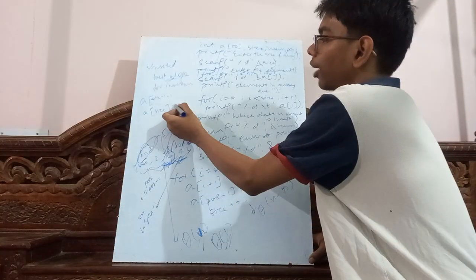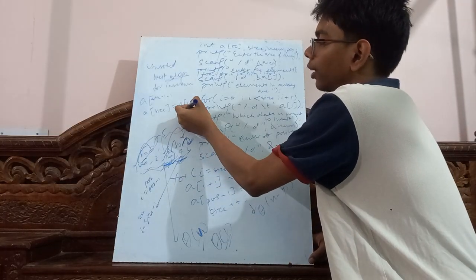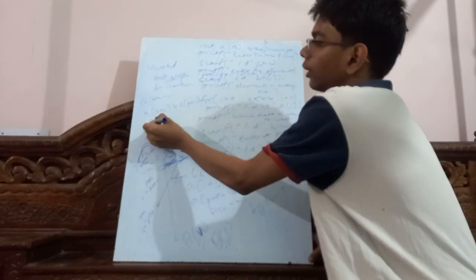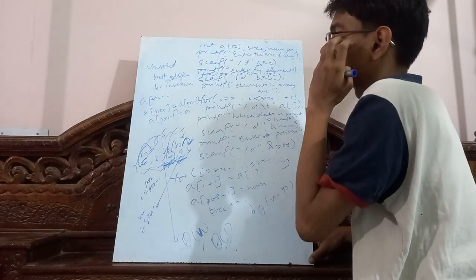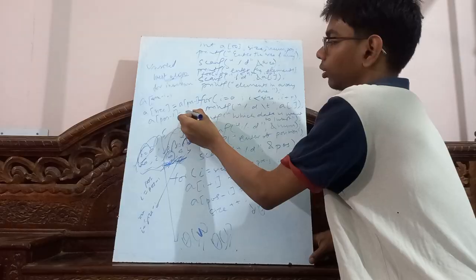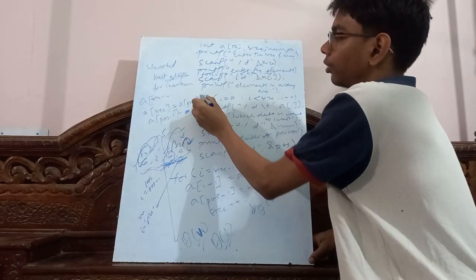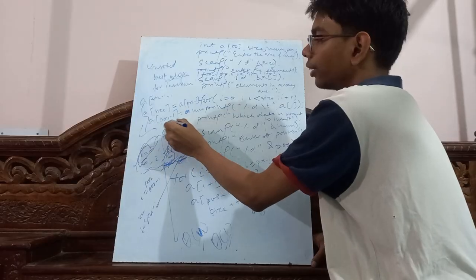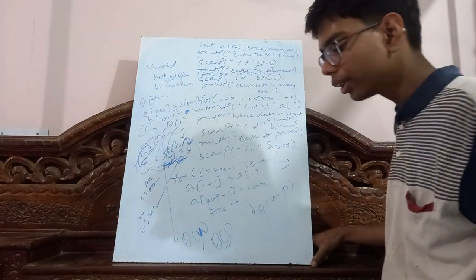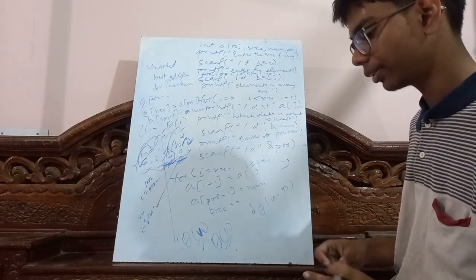I will store that element there, and then at that position I will store the value, right? So this is the best case scenario, and the time complexity will be theta 1, right?